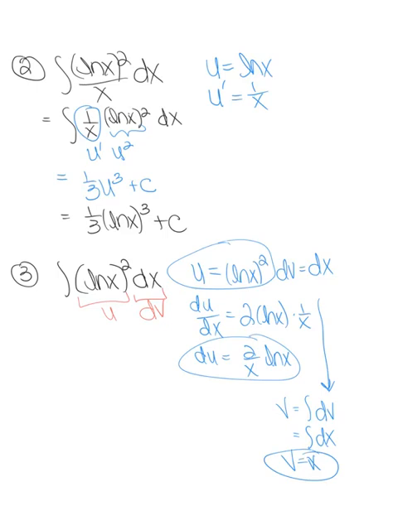So we started out with the integral of the natural log of x quantity squared dx, which again we defined as u dv, and by definition that's going to be equal to uv minus the integral of v du.